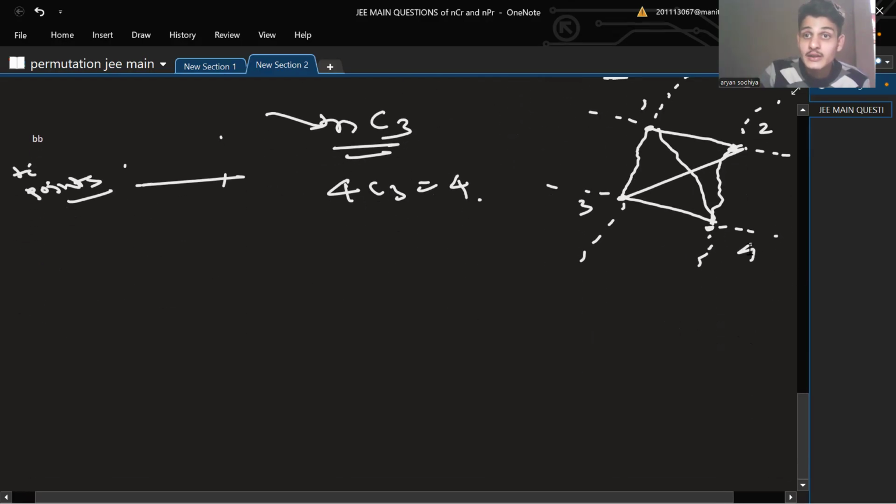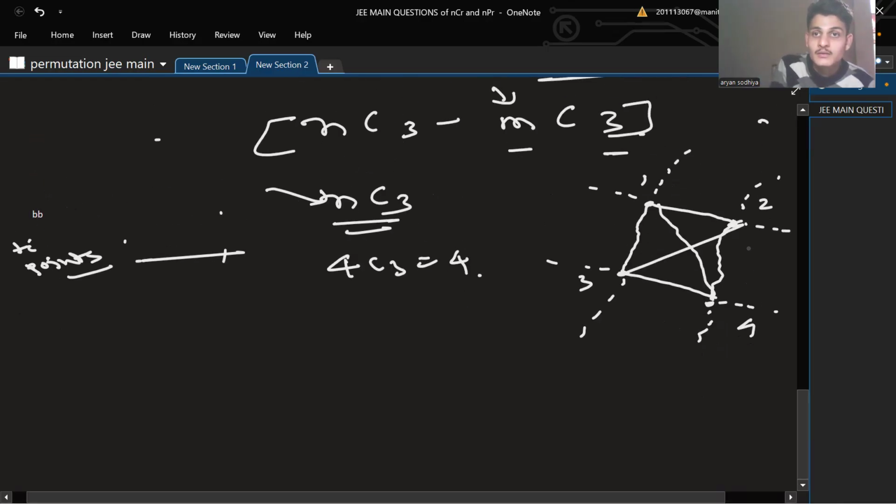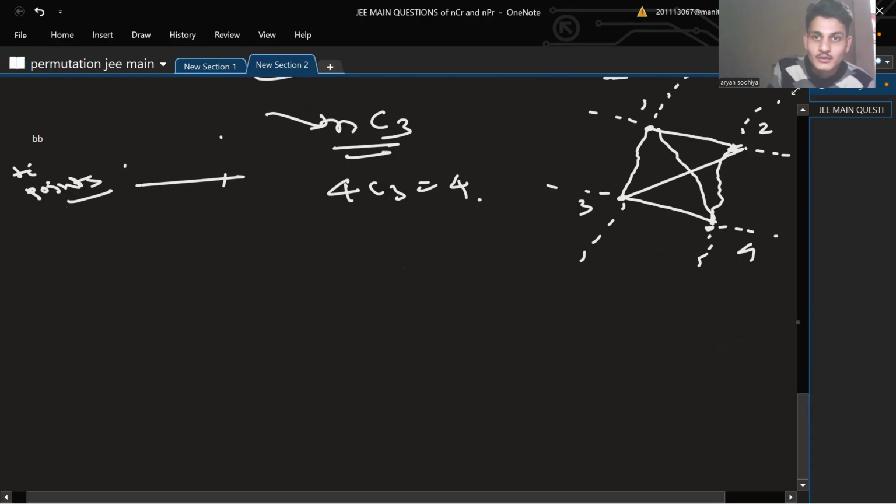Let's check this formula for the collinear points as well. Okay, let's have three collinear points. So let's think how many triangles should I get?